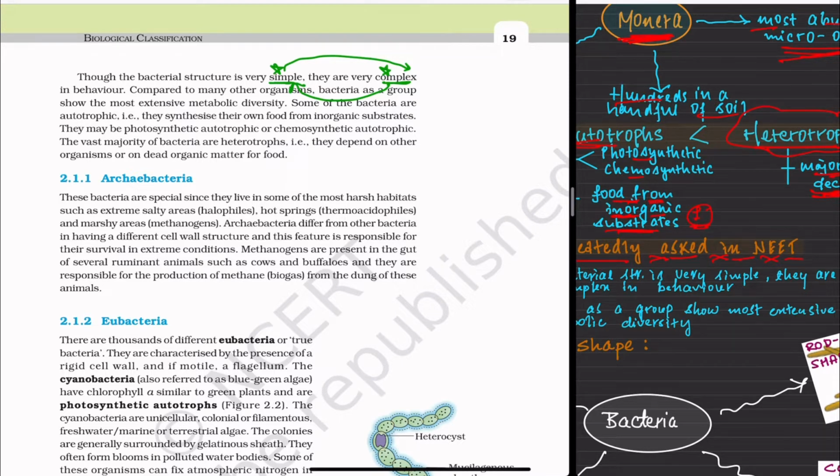This is a star mark question, quite often asked in test series and different tests. Now, the third question comes out from this line: compared to many other organisms, bacteria as a group show the most extensive metabolic diversity. What they do is, compared to many other organisms, bacteria as a group show the least extensive metabolic diversity.